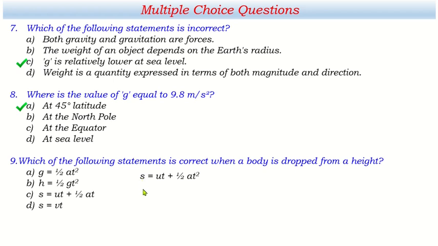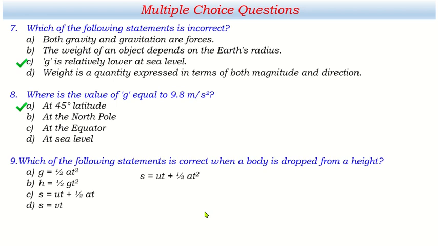In place of S, I am writing H. And when a body is dropped, then initial velocity is 0, because when it is in your hand, initially its velocity is 0 and when it starts to fall, then only its velocity goes on increasing. That's why U becomes 0 and the acceleration produced on the body is acceleration due to gravity g.